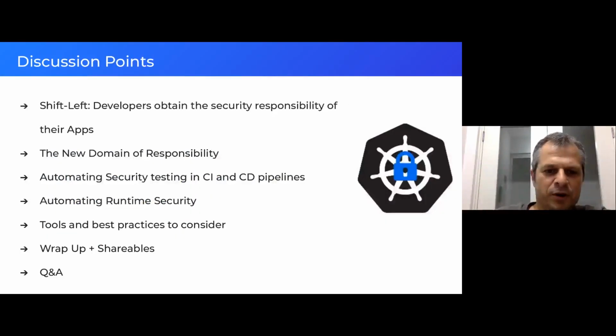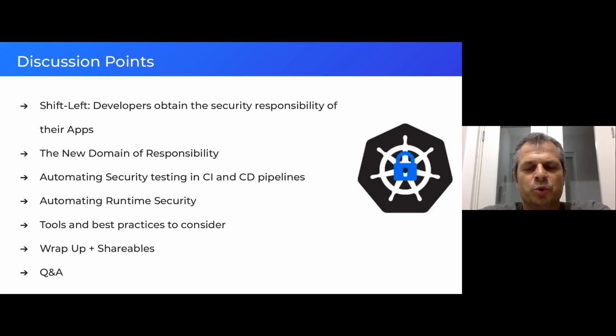So what are we going to talk about? As the title of the webinar indicated, we're talking about shifting left. We want to talk about how developers can obtain security responsibility. What does security responsibility mean? Security responsibility for what? What is covered? What is the new domain of responsibility? What is under the hood of this term that we need to worry about?